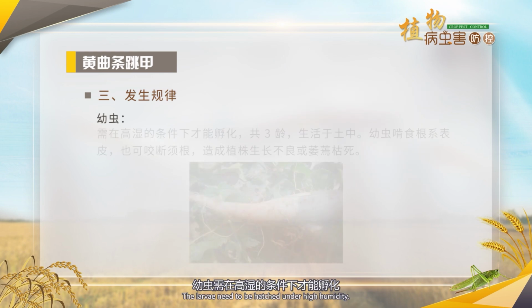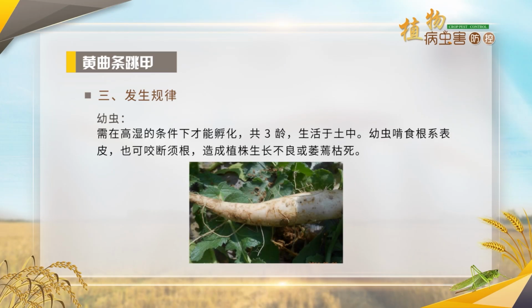The larvae need to be hatched under high humidity. Dryness often causes a decrease in the hatching rate and an extension of the egg period. The larvae have a total of 3 instars of 11 to 16 days and live in the soil.